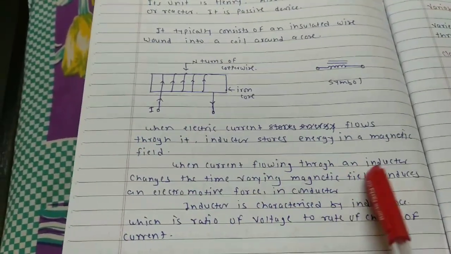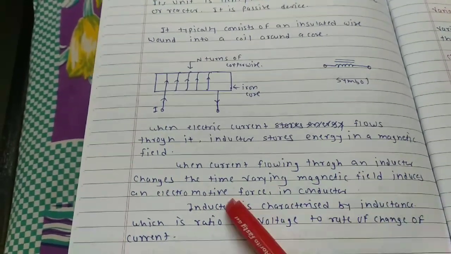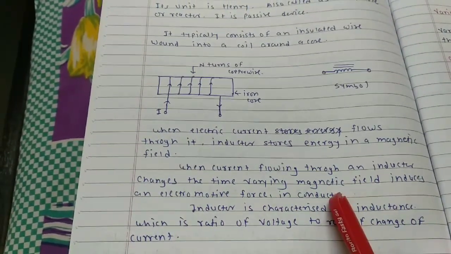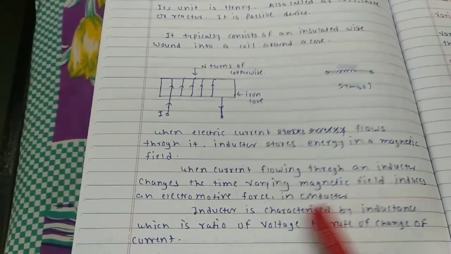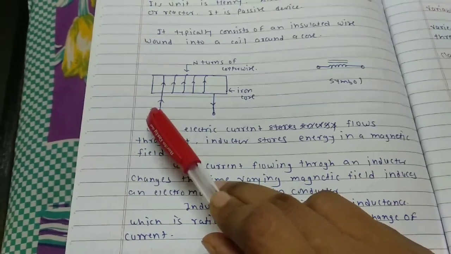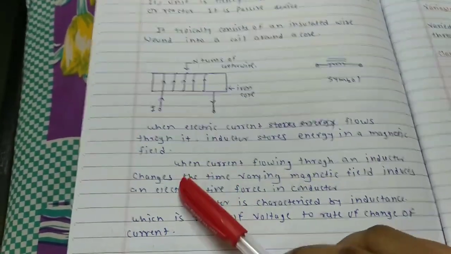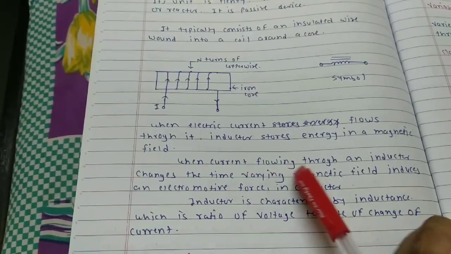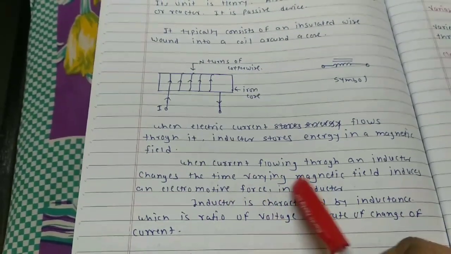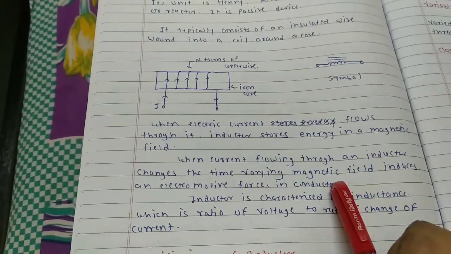When the current flowing through an inductor changes, the time-varying magnetic field induces an electromotive force in the conductor. That means if I change the amplitude of the current flowing through this copper wire, the time-varying magnetic field induces an electromotive force in the conductor.